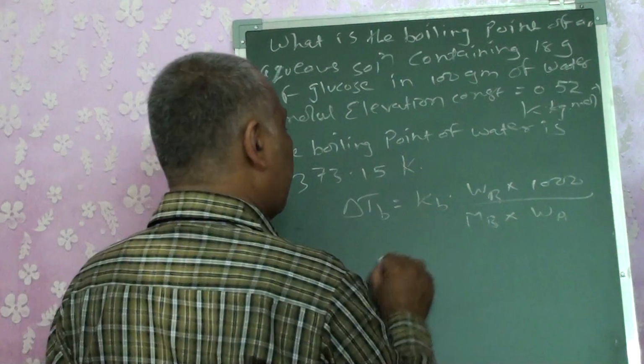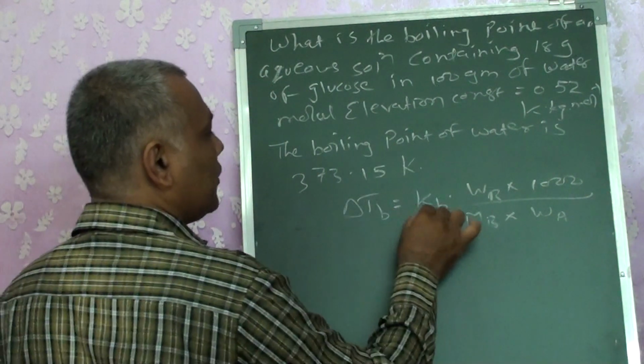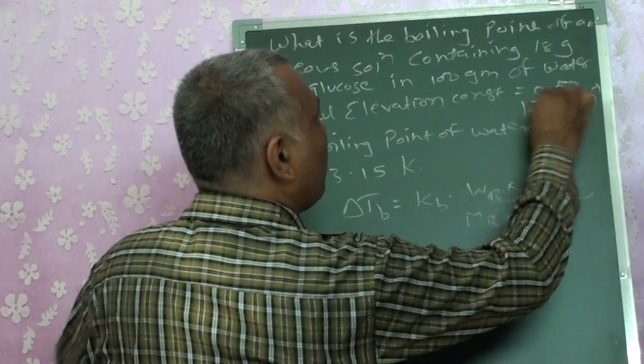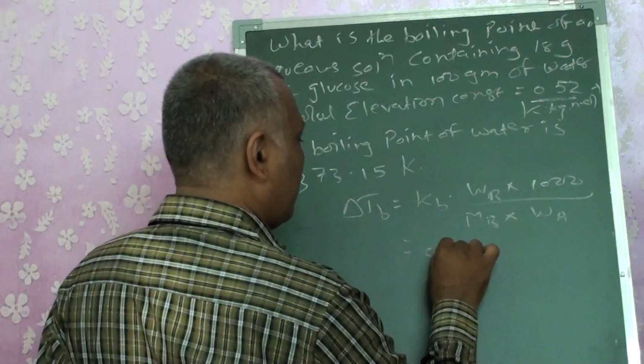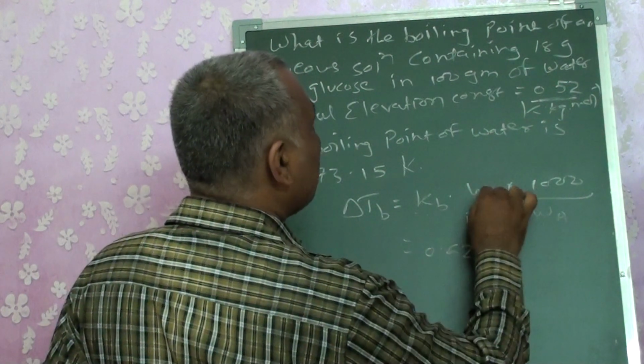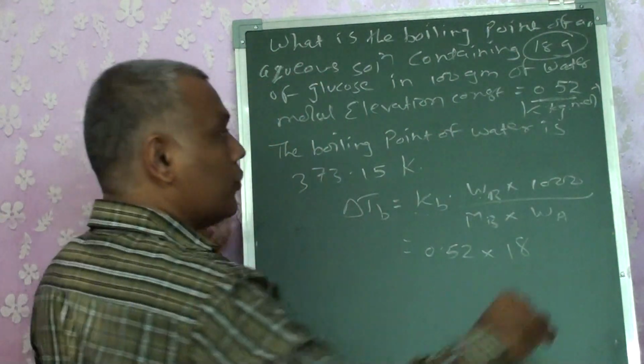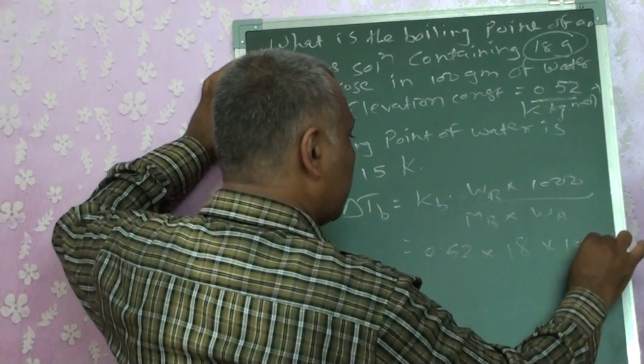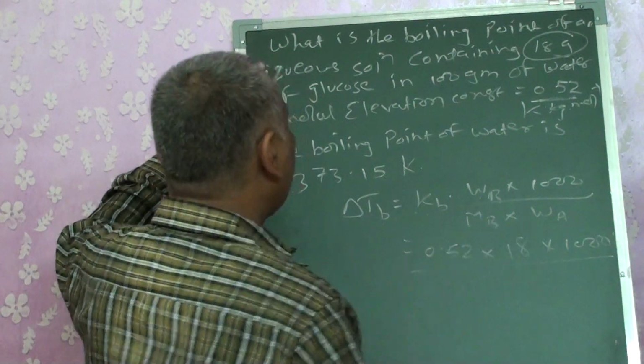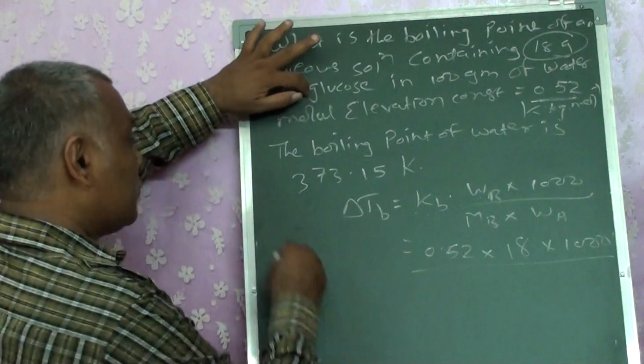Kb is 0.52, Wb is given as 18 gram of glucose, 1000 is constant.